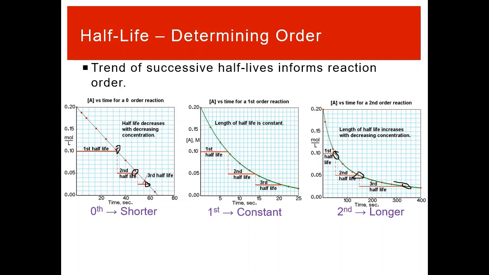You can also just measure half-lives. If the half-lives get longer, you're dealing with second order. If the half-lives get shorter, 0th order. If the half-life is constant, it's first order. In terms of using half-life as a value, the fact that they are constant for first order processes is really the only place where a single number is actually useful, because that half-life is just a value.